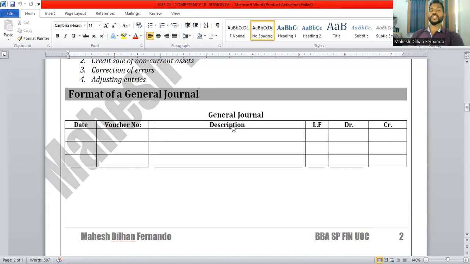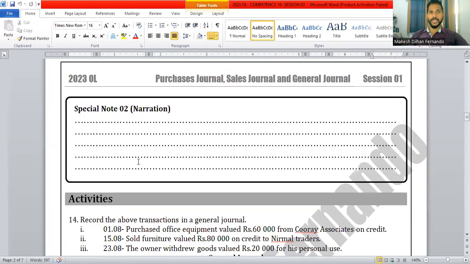And then we have the general journal, the last primary entry book according to the O-level syllabus. So these are the format. Date. I told you the journal voucher is the source document, so it mentions the voucher number there. Description, LF, debit, credit.